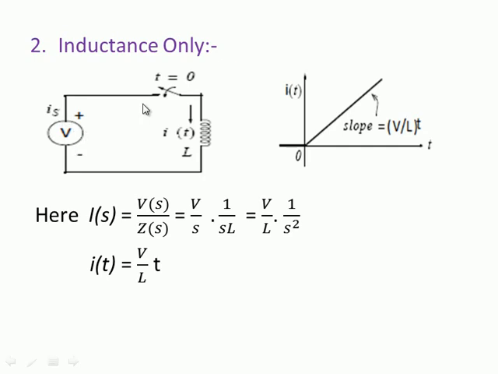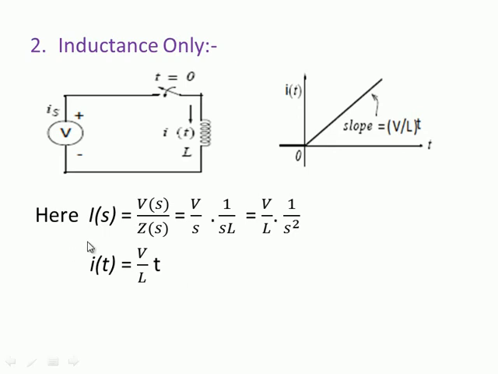So I of S will be given by V of S divided by the impedance of the circuit, which is Z of S. Now as this is a DC source, the Laplace transform of V is V by S, and the impedance is obviously S L. So this is V by L, 1 by S into S, that is 1 by S square.